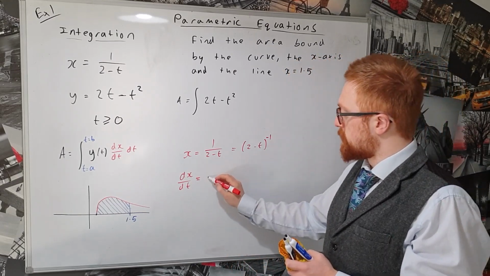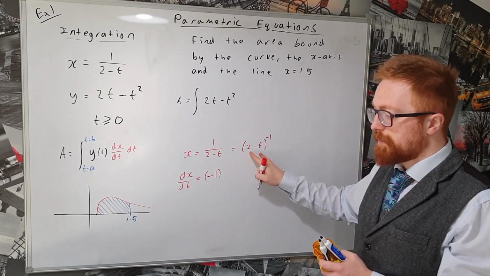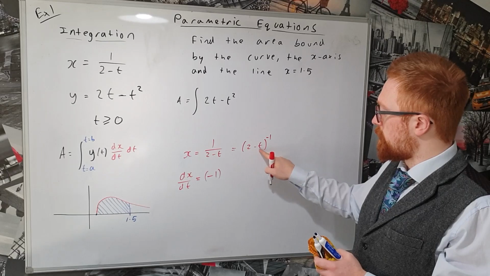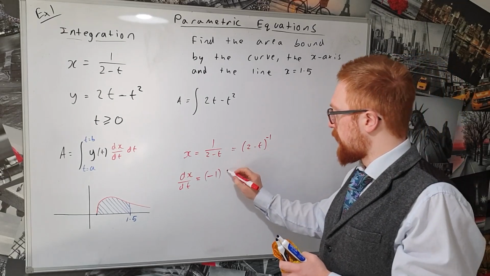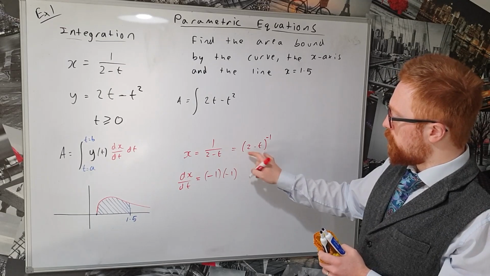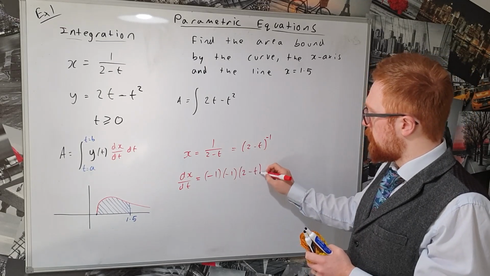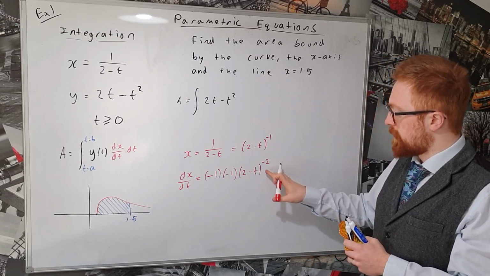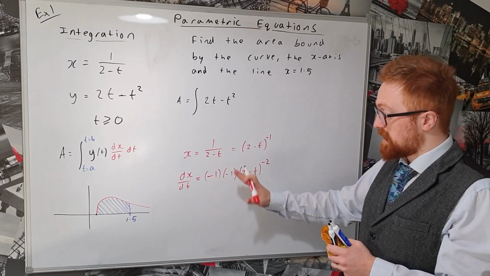So we're going to bring the power to the front, multiply by negative 1, and differentiate the thing that's inside the bracket. If we differentiate this, we get negative 1 again. Then we write the bracket down and subtract 1 from the power, so that gives me negative 2. But negative 1 times negative 1, they cancel out.